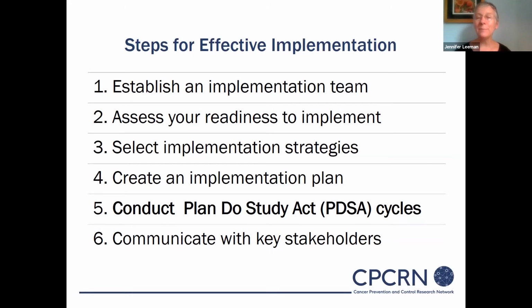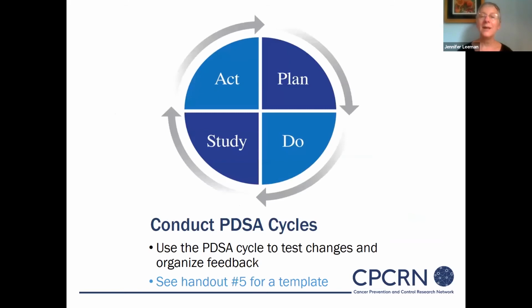So the next step for effective implementation is to conduct Plan, Do, Study, Act cycles, or PDSA cycles. A PDSA cycle is a small test of small changes to implementation.